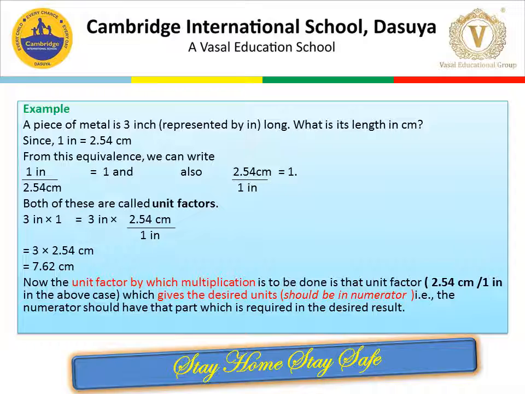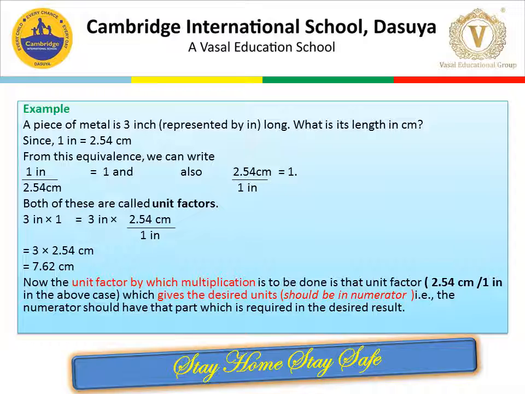Remember that the system in which the unit is required has to be placed as numerator, and the system of unit which has to be omitted is written in the denominator, so that the numerator and denominator cancel out. Here in place of 1 we placed 2.54 centimeter upon 1 inch, because we wanted to convert inch into centimeter.